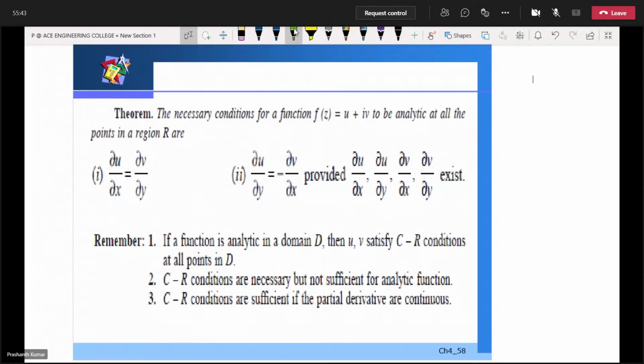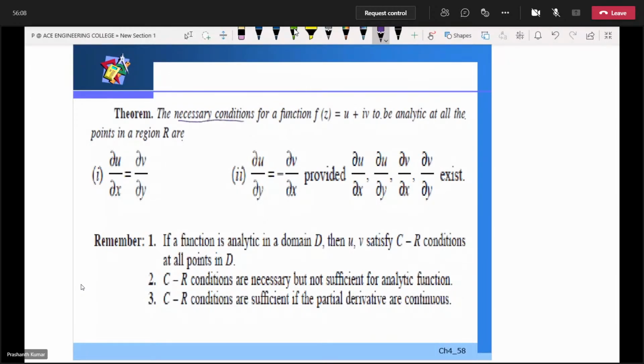Oh, okay. All of you, please see this one, the theorem statement. The necessary condition for a function f of z is equal to u plus iv to be analytic at all the points in a region R. And what is the necessary condition? Necessary condition only. This is not the sufficient.